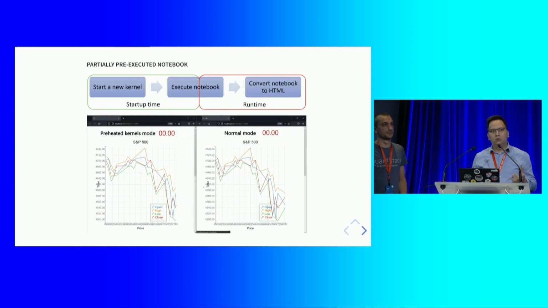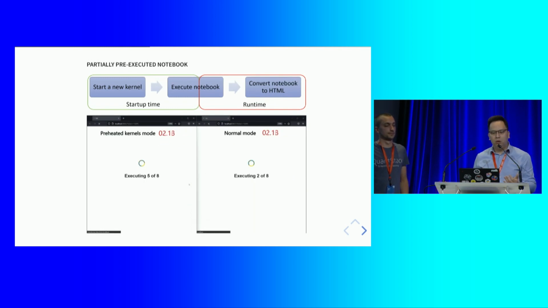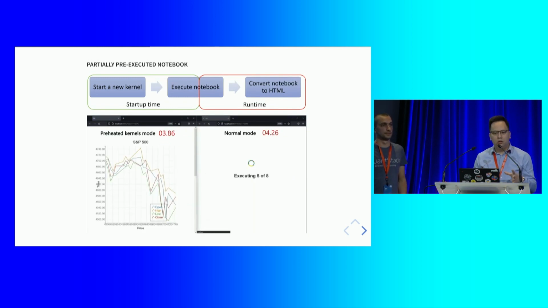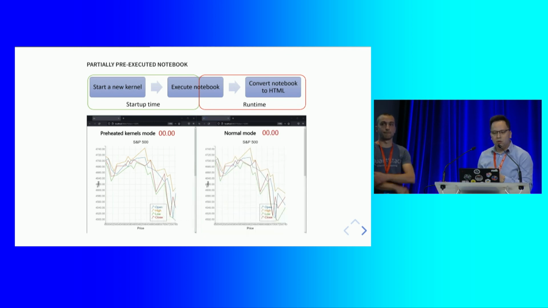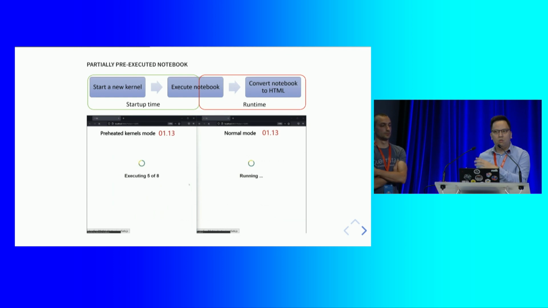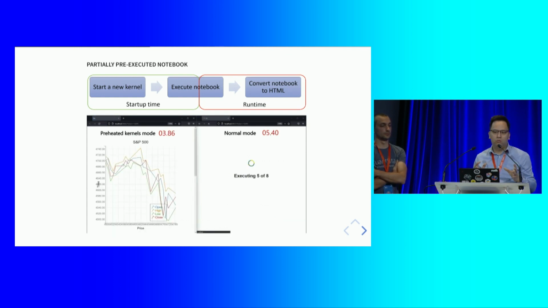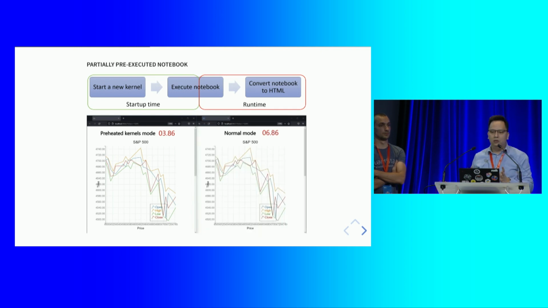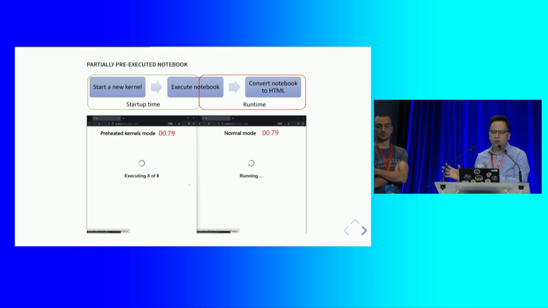In case the dashboard depends on some user input, we have another mode. It is called a partially pre-executed notebook. In this mode, you can mark your notebook to tell Voila that the first part of the notebook can be executed at Voila startup time, and the remaining part of the notebook will be executed at dashboard startup time.